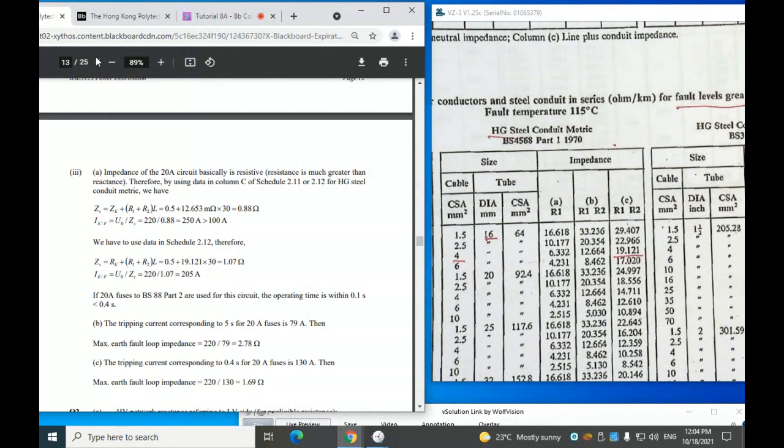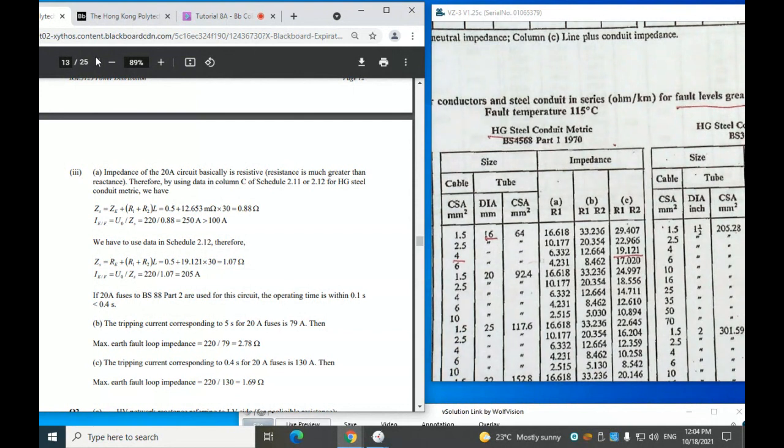For the same cable, you need to use different tables or schedules to find the impedance value.